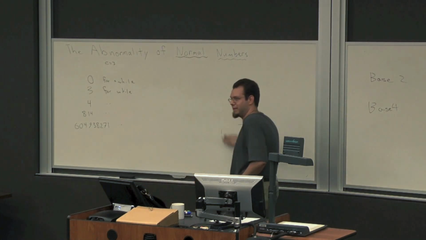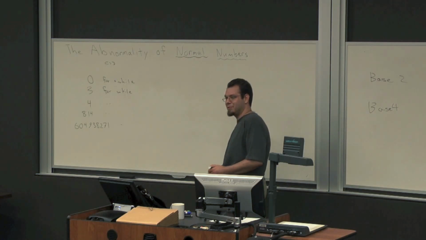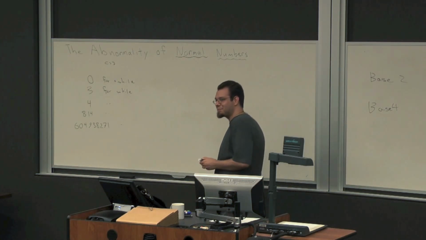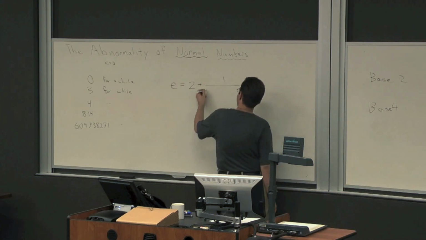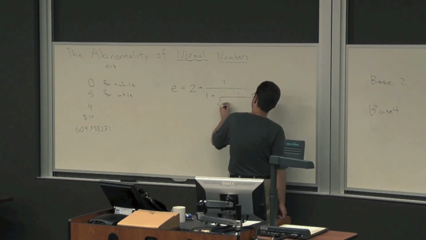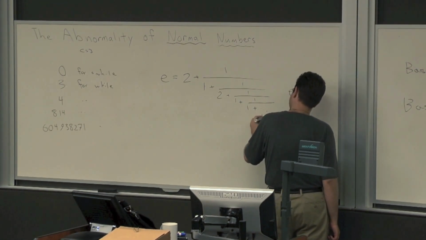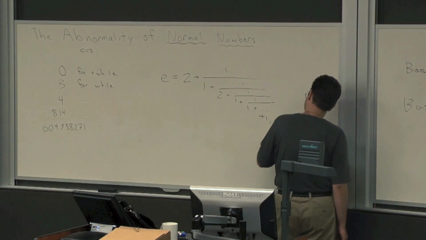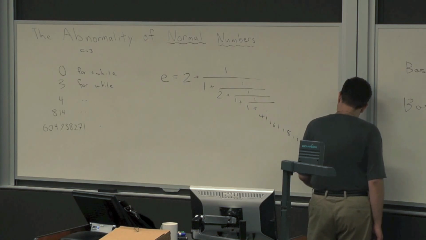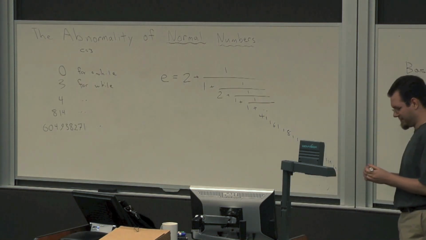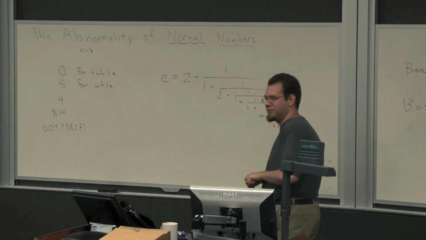Of course, this requires jumping out of the whole base 10, base pi, base whatever into a slightly different way of writing down numbers, namely continued fractions. But there's a very simple continued fraction for e, whose classical formula is due to Euler.